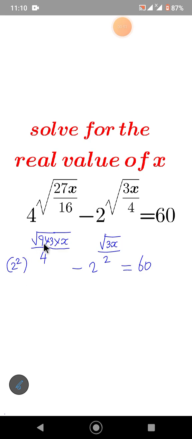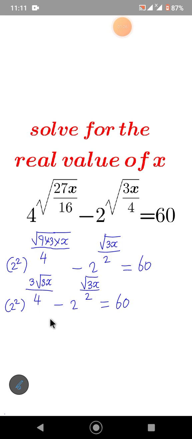Now our next step will be to write this 2 raised to the power 2 again. Then the square root of 9 is 3, so I'm going to take the 3 outside, so here will become 3 root 3 times x, that will give us 3x all over 4, minus 2 raised to the power of square root of 3x all over 2, all equal to 60.